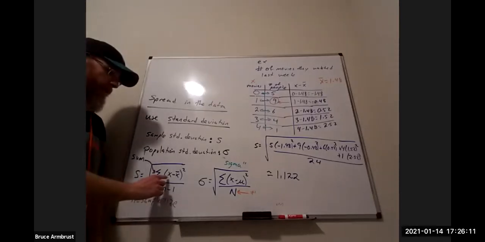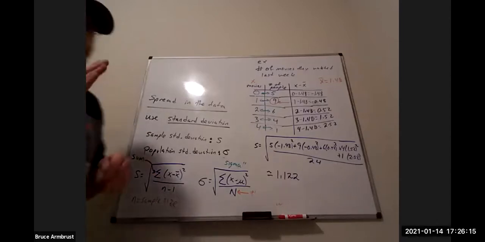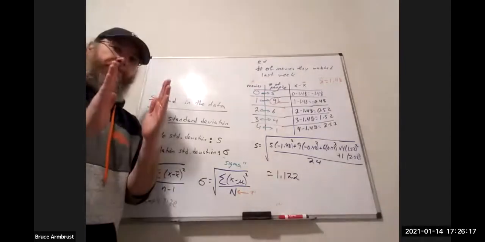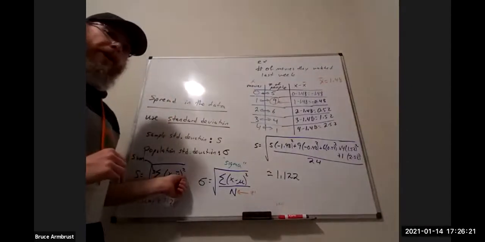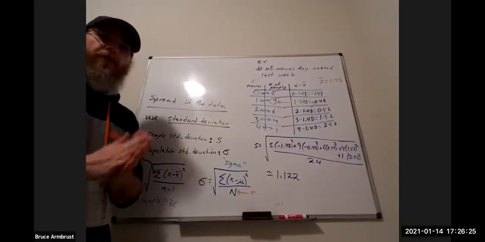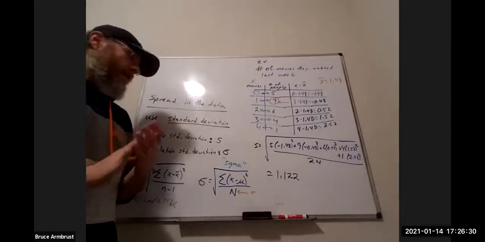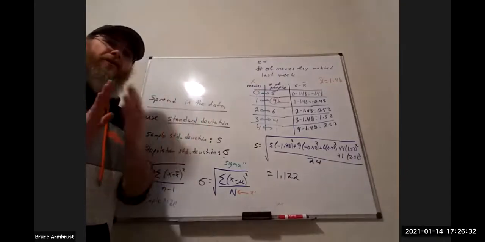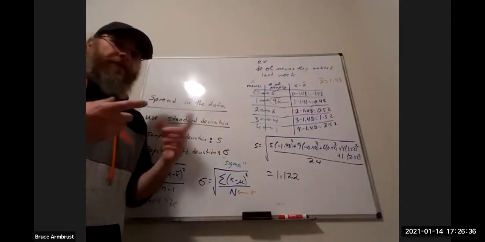So think about this x minus x bar. That's how far our data point is from the mean, right? It's just literally how far away it is. When I square it, it makes it so it's always positive, so I don't have to worry about which side I'm on. When I add all those up, it's basically giving me the total variation.